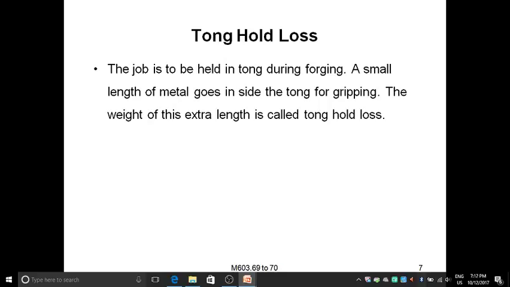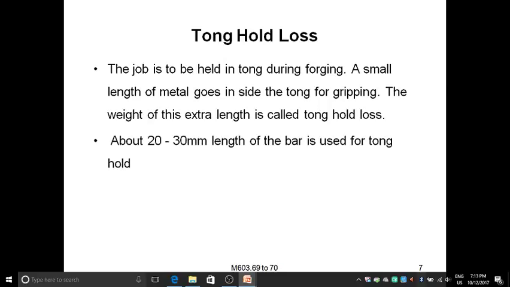The tongue is just like a plier you are going to use to hold the workpiece. So how much length you are going to hold is the criterion here. How much length you are going to hold with the help of the tongue, or the projection of the workpiece that needs to be held in the tongue, will be the tongue hole loss.